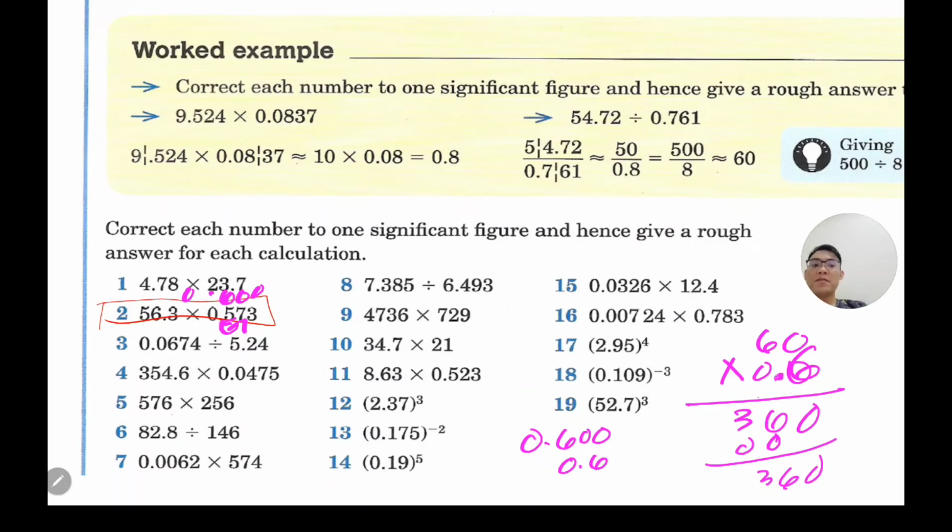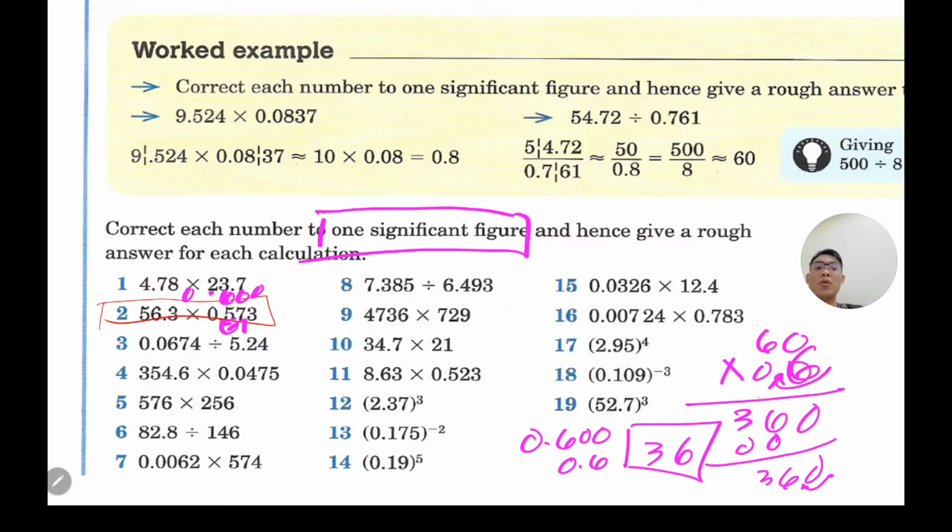We have 1 decimal place, so from here going there, we have 36 as our answer. However, we have to convert into one significant figure, which is equal to 40, because the first significant figure here is 3, the next number is 6, which is greater than 5, so this becomes 4, this becomes 0. So our answer here for number 2 is 40.